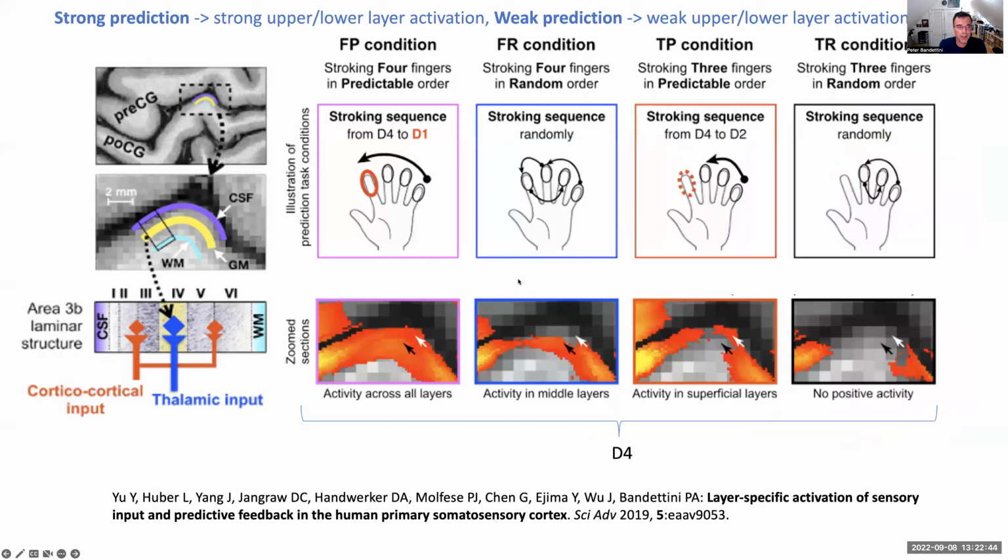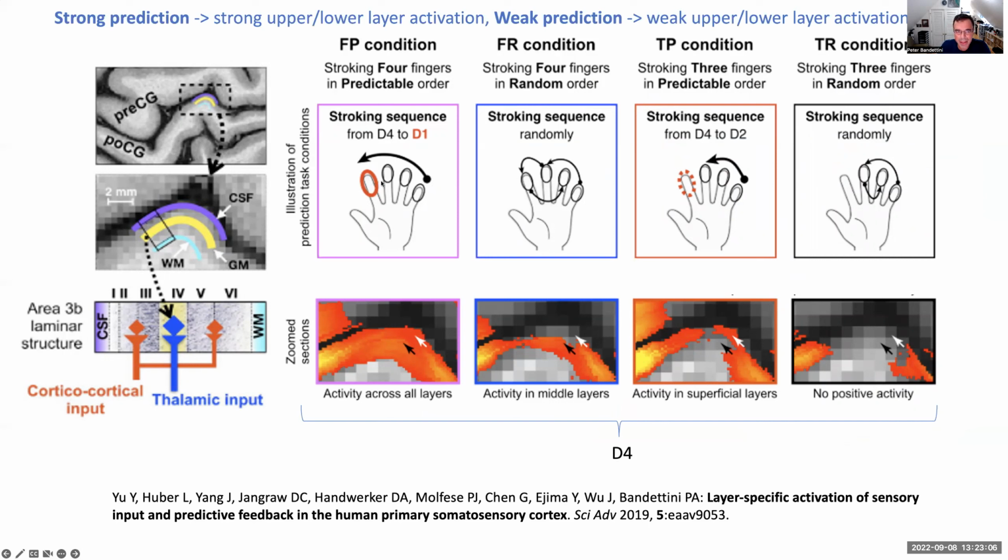We took this a little bit further and made a task in which we either sequentially stimulated the fingers or randomly stimulated the fingers. One involves prediction. You expect the index finger to be stimulated. Here, you don't expect anything. You don't know what to expect. It's random.